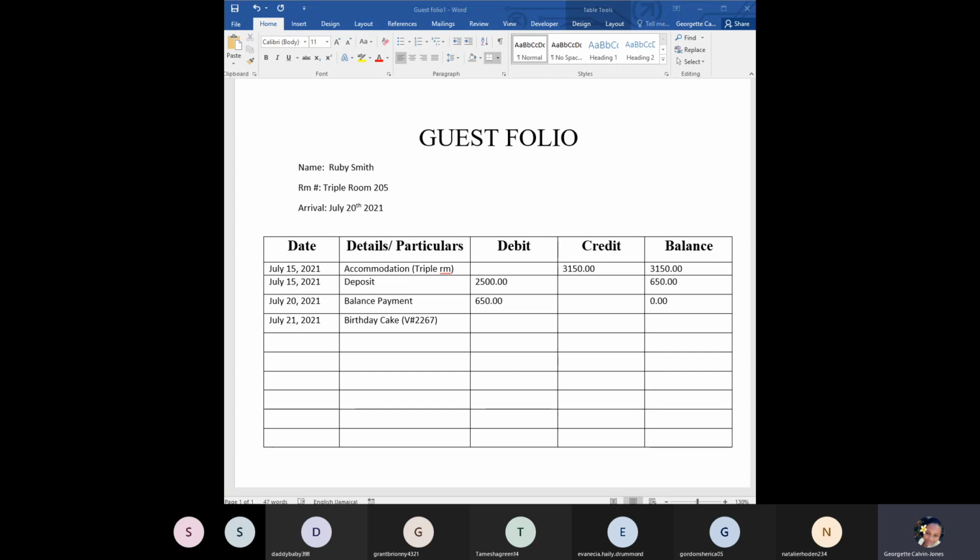So once it reaches $800, which is basically the credit limit that the hotel has given her, then she has to settle her account before she's able to charge anything more to her account. All right. So we see where it says charge for birthday cake, right? So that means she hasn't paid for it as yet. It's just charged to her account, right? So we put that under credits because it's not paid for.